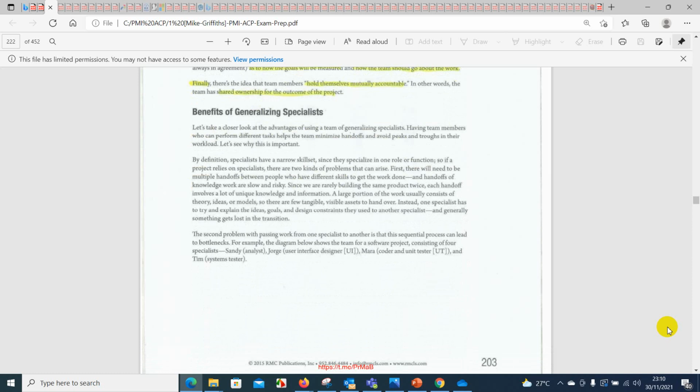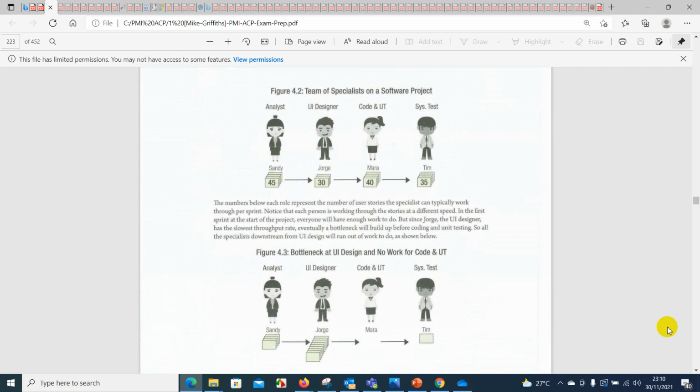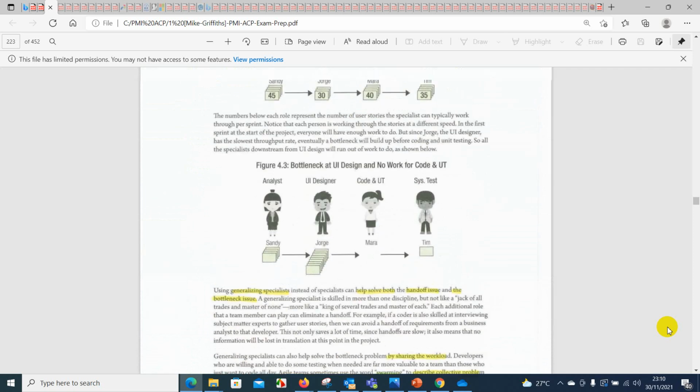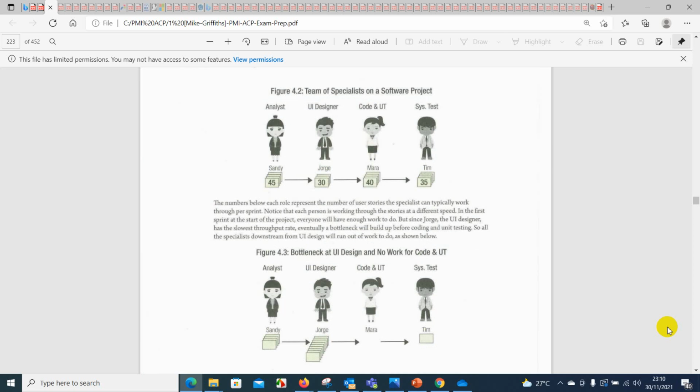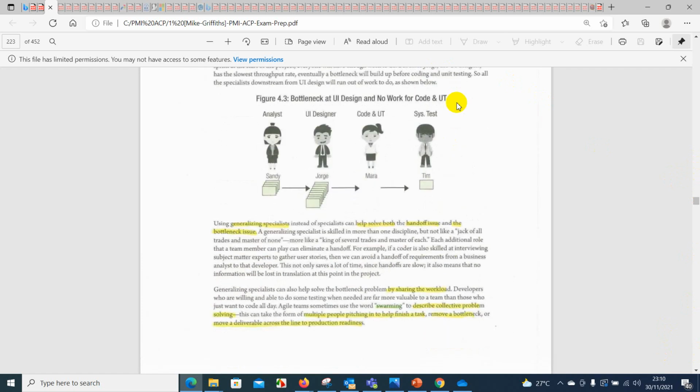Benefits of generalizing specialists. Using generalists instead of specialists can help solve both the handoff issue and the bottleneck issue.